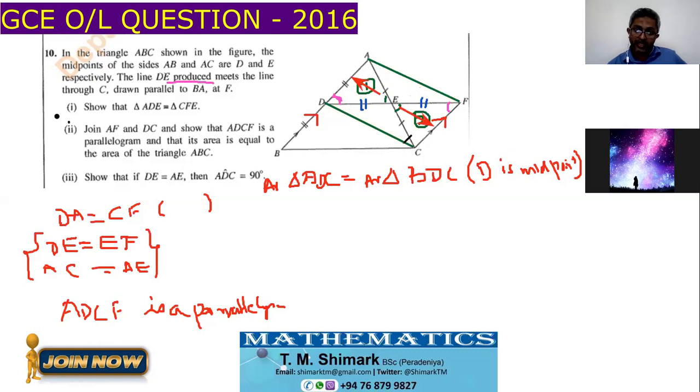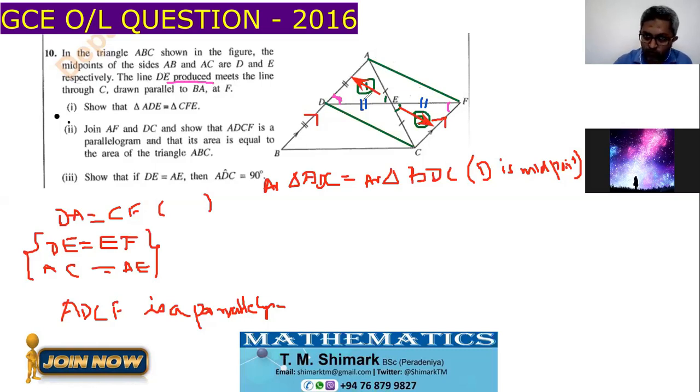triangle ACF and triangle DAC are equal in area, right? Because the diagonal of a parallelogram will bisect the area. The word is bisect the area.